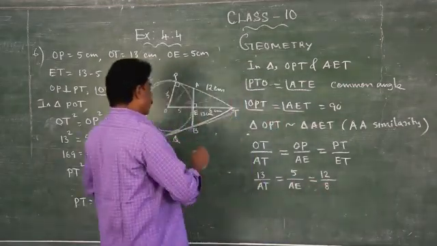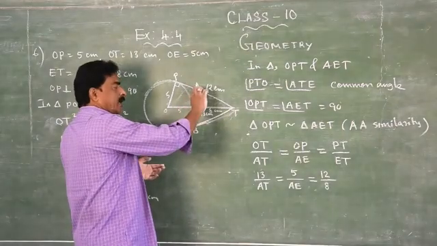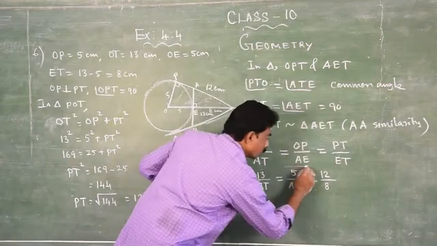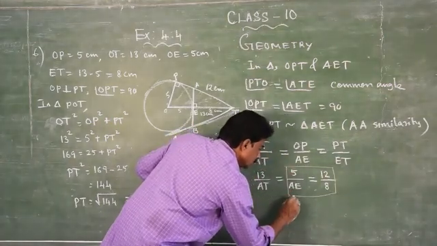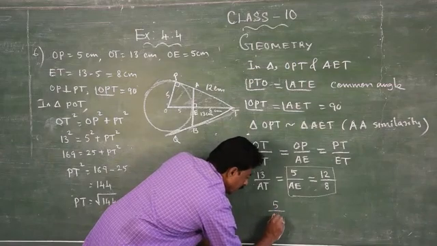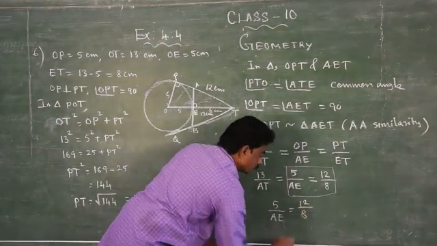Now the question is you have to find the length of AB. So if you find AE, multiply by 2, you will get AB. So we will consider this 2. So 5 by AE is equal to 12 by 8.